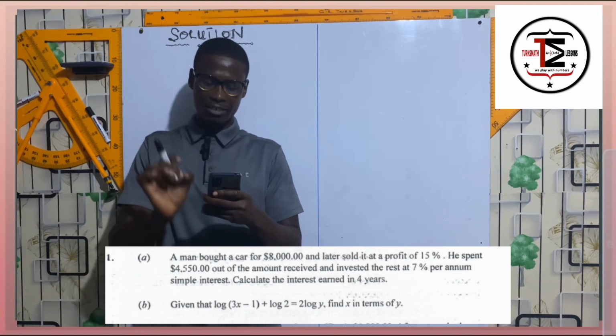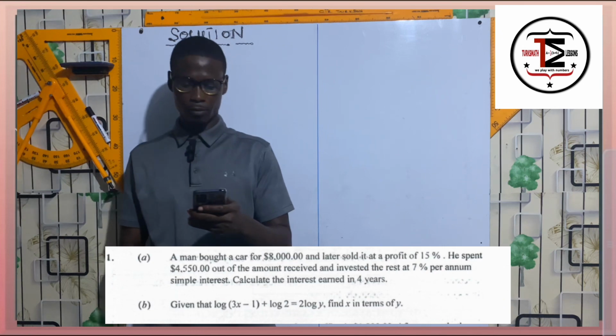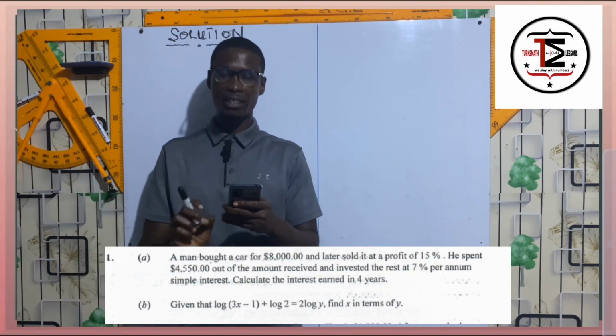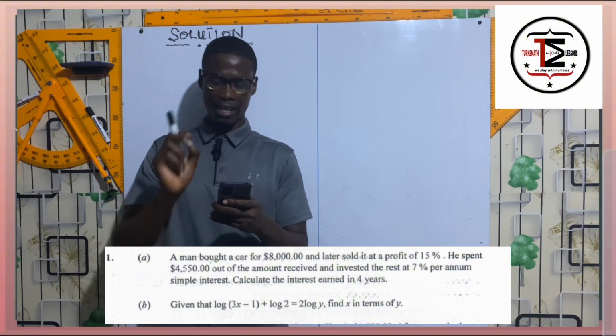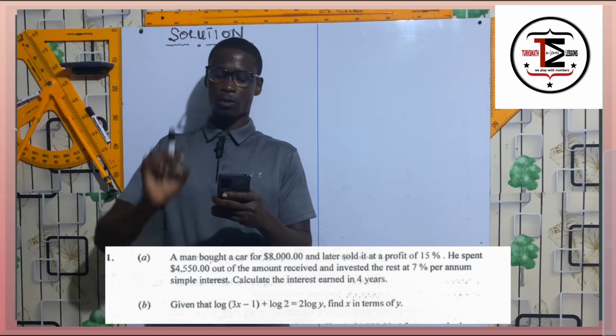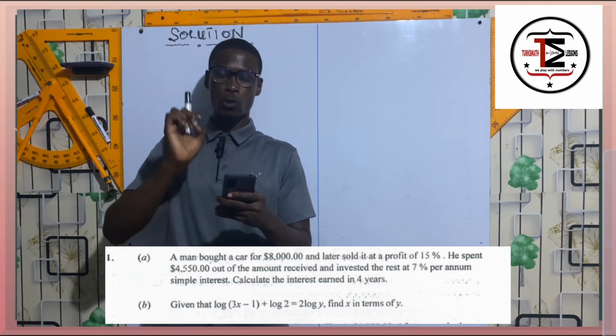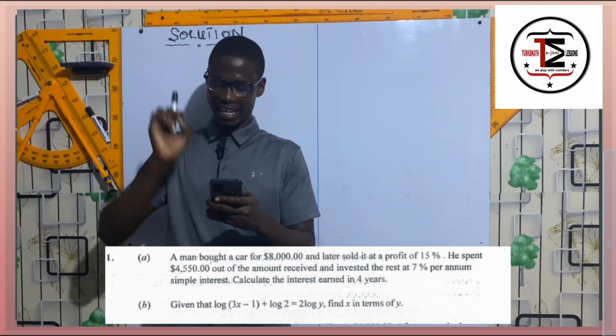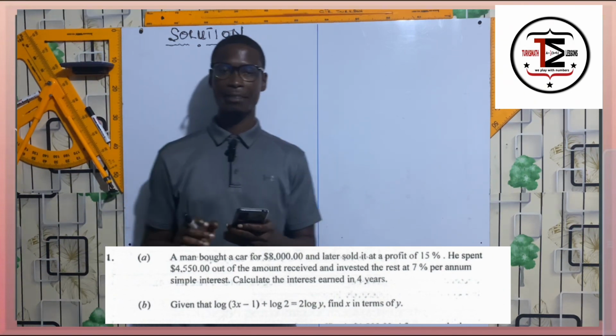Calculate the interest earned in 4 years. B. Given that log(3x - 1) + log 2 = 2 log y, find x in terms of y.